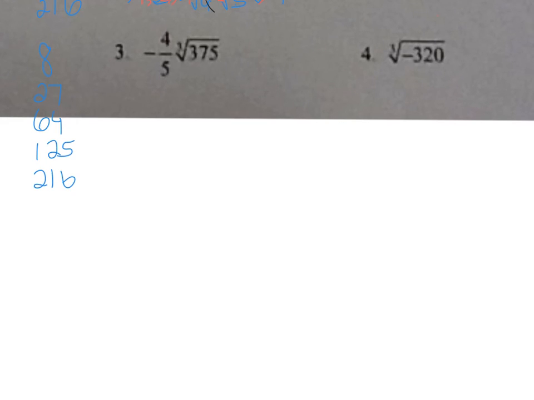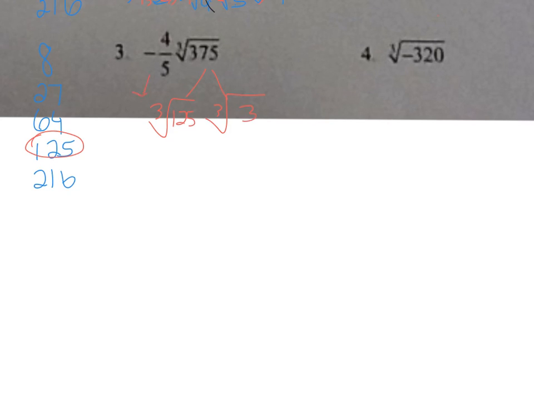Okay, so we have here negative 4/5 times the cube root of 375. So try to find a perfect cube. I'll give you a few seconds to figure out which perfect cube goes into 375. All right, so 125 goes into 375 3 times.